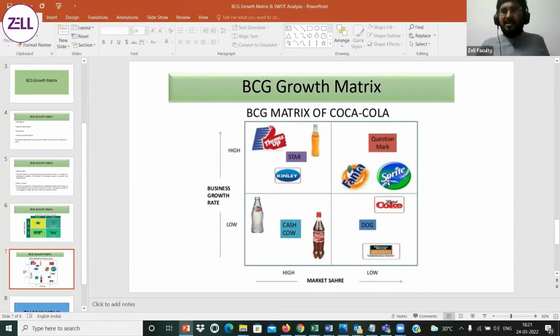Okay, Fanta, you said, has a unique flavor that is not much available in the market. So it decides, let us advertise on this for a few more years and see. Maybe it can become a Star because the business growth rate is high. And it chooses to either divest, which means you sell a portion of your business or you reduce your investments in it. That can be Sprite.